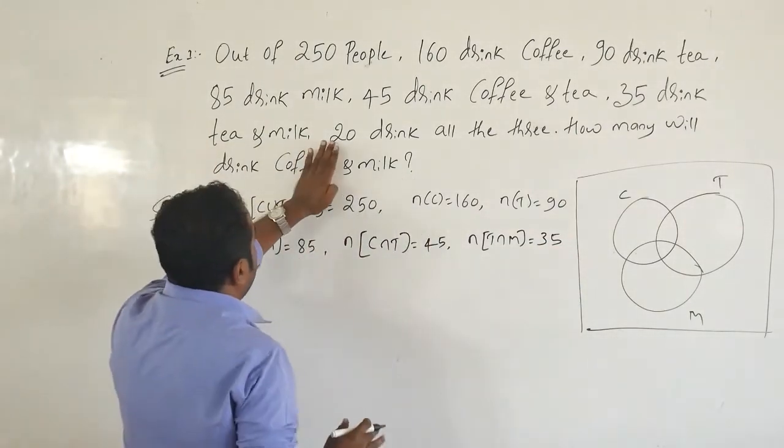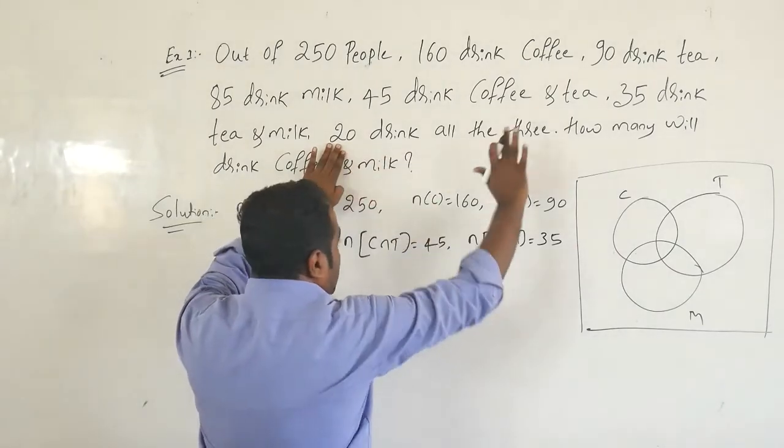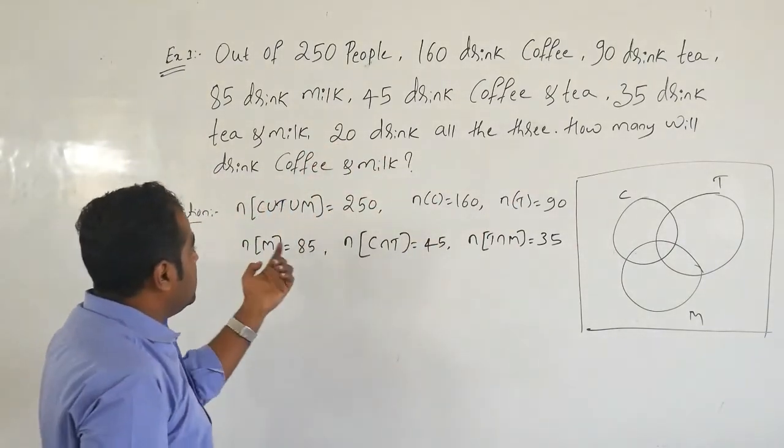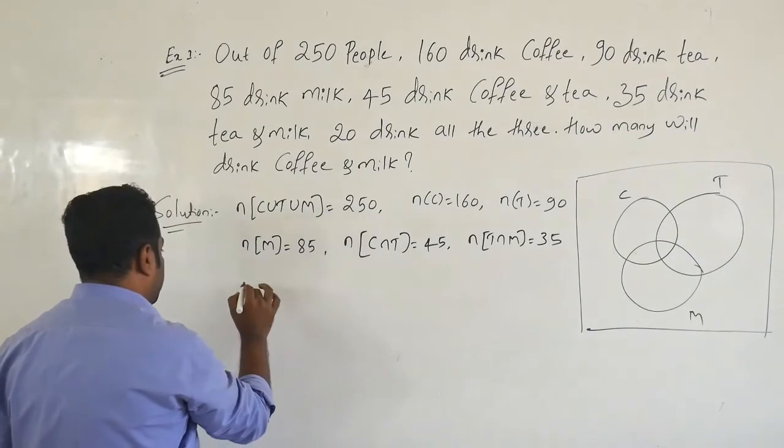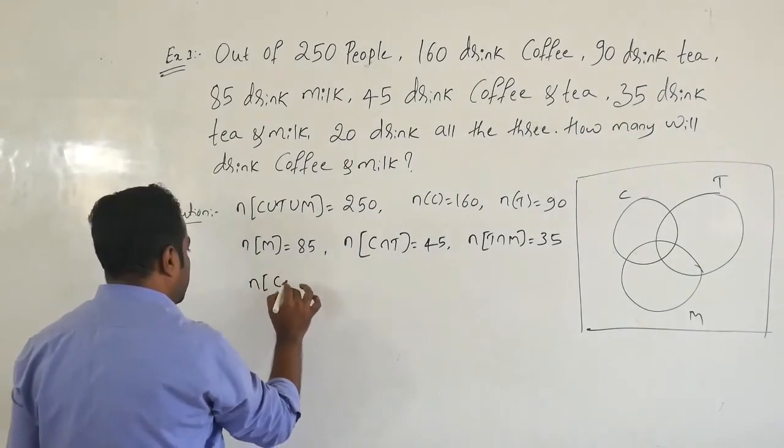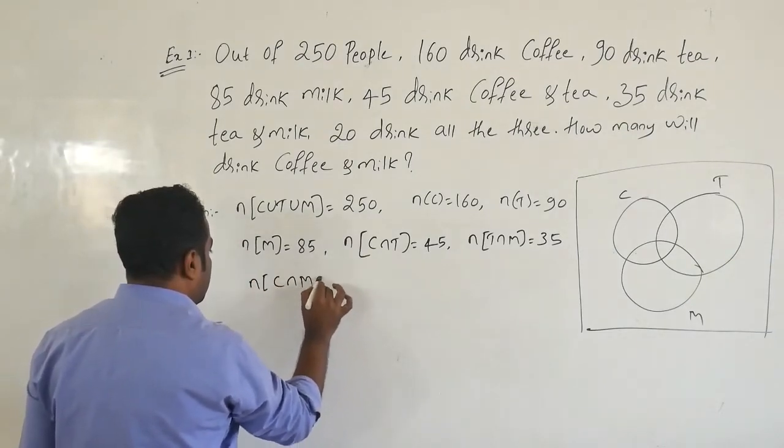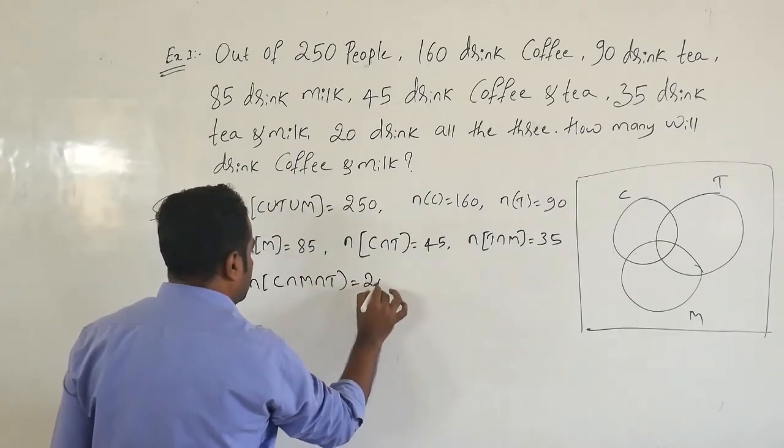And the last one, 20 drink all three, n of C intersection M intersection T is equal to 20.